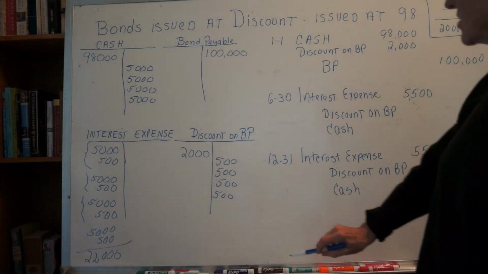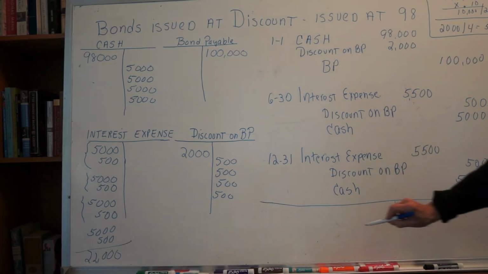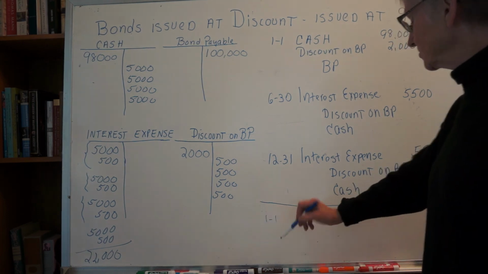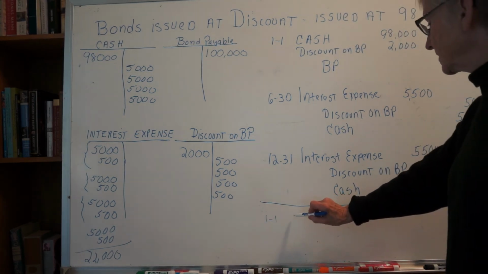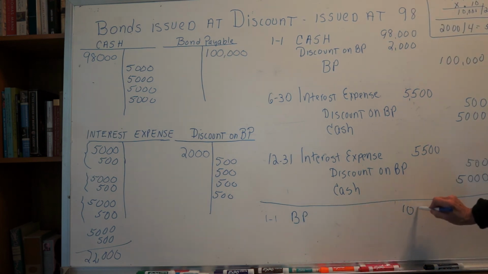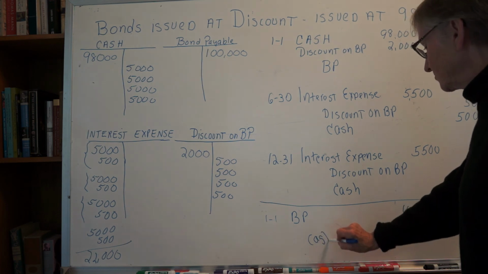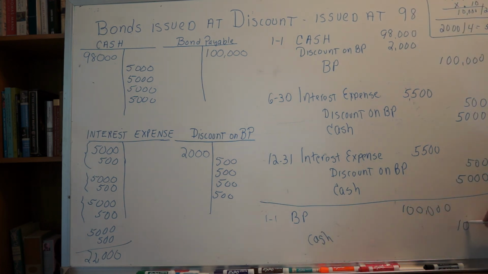Okay, so when it comes time to retire the bond, at the end of the 2 years, the bond payable is simply going to come off the books at the 100,000, and we would write the check to all our bondholders, we would pay off all our bondholders for the 100,000.